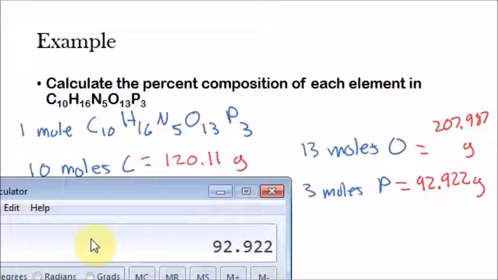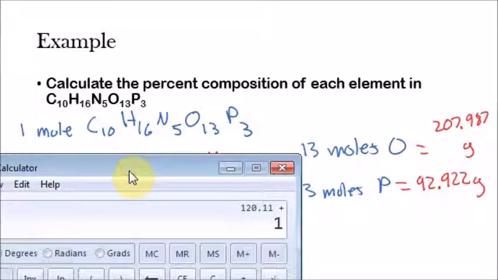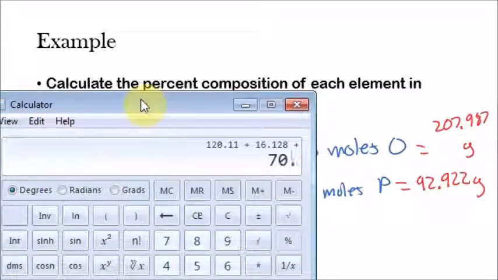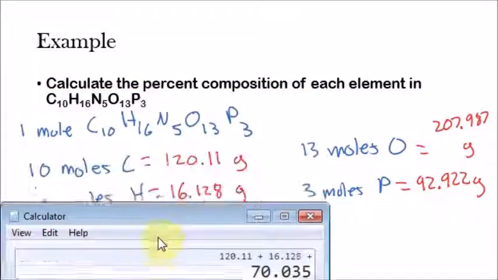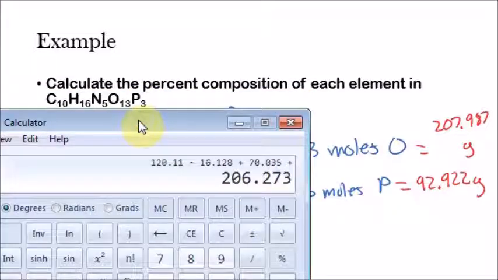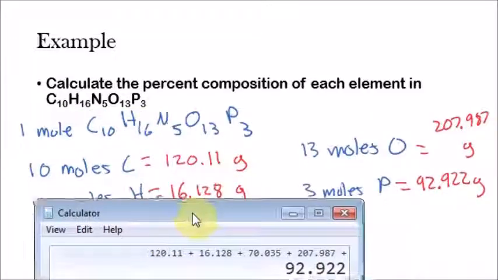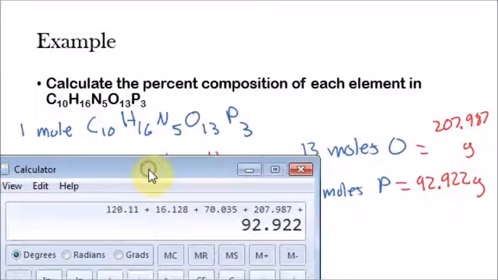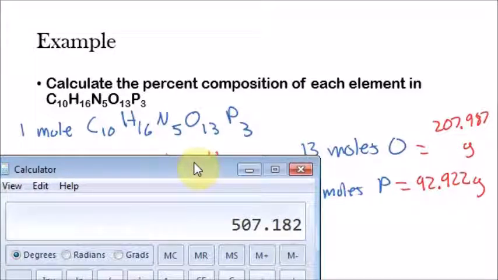So 120.11 plus 16.128 plus 70.035 plus 207.987 plus 92.922. Let me make sure this is the right one too. Okay, so the molar mass is 507.182 grams per mole.